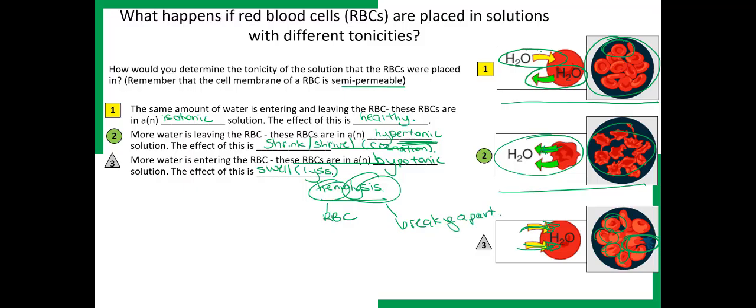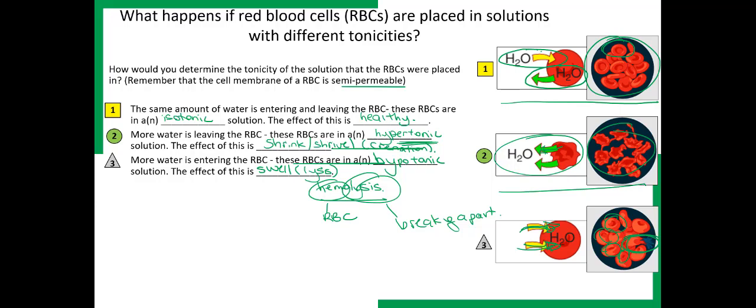So as long as our cells are in an isotonic environment, they're fine. But if they're subjected to a hypertonic or a hypotonic environment, they can either shrink or swell up, and that's not good either way.